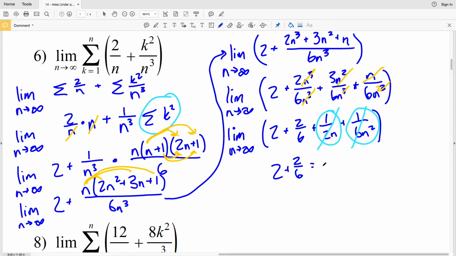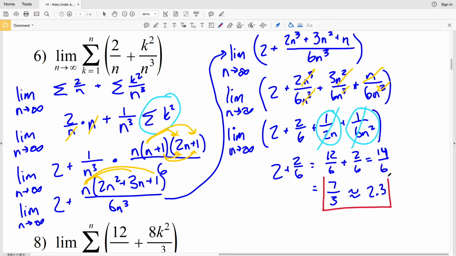So 2 will become 12 over 6, and I'll add that to 2 over 6, which equals 14 over 6, and both 14 and 6 are divisible by 2, so that will give me 7 over 3, which is approximately 2.3, and that's my solution for number 6.